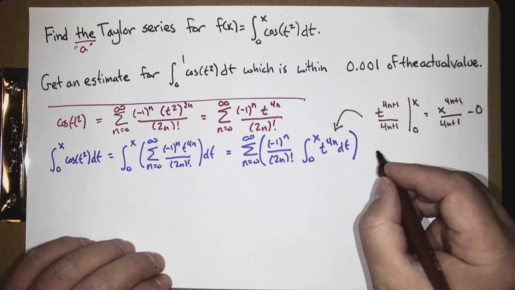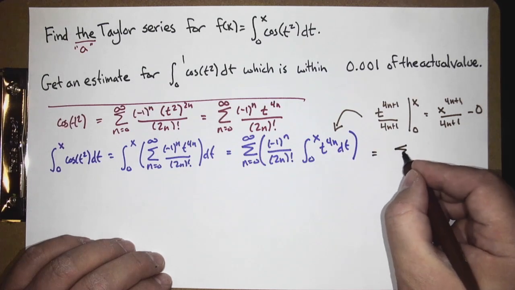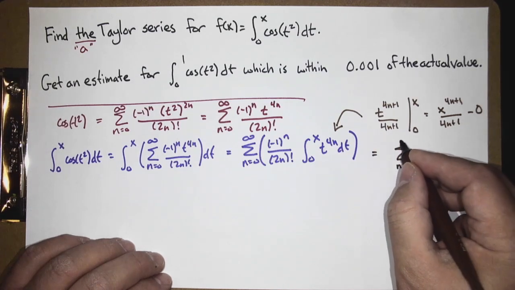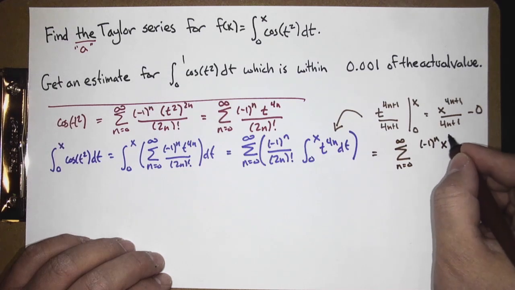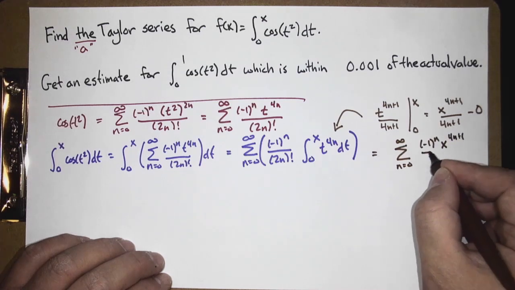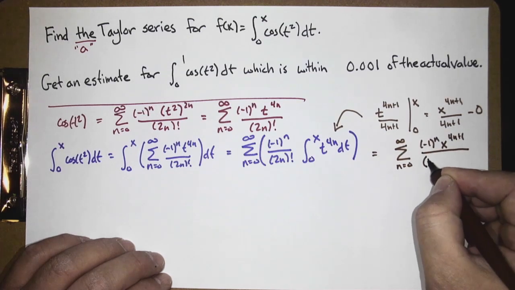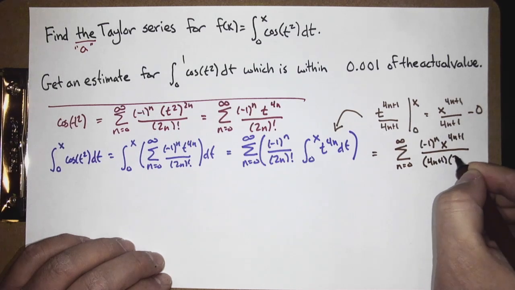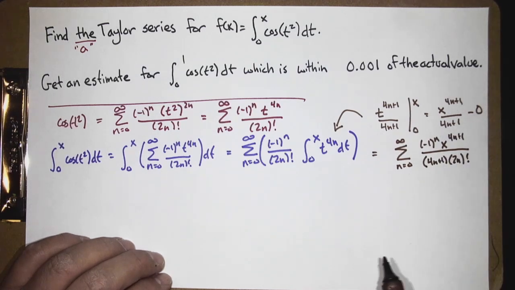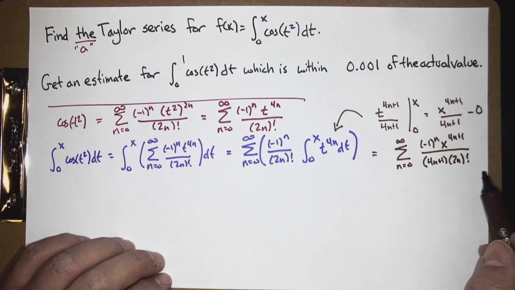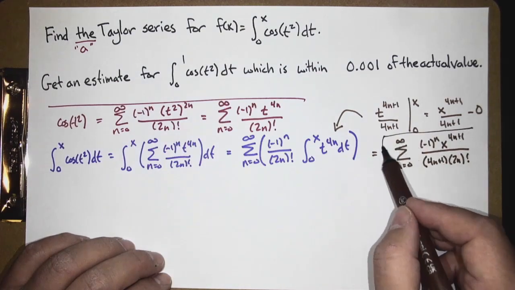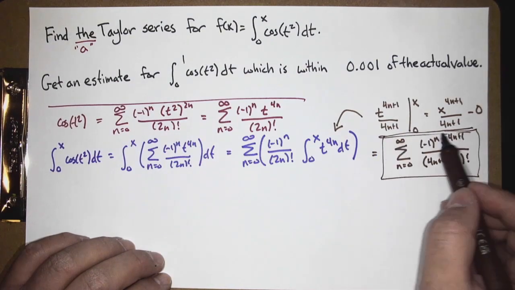So we put that in, and this becomes the sum, 0 to infinity, negative 1 to the n, x to the 4n plus 1, divided by 4n plus 1 times 2n factorial. So that is a series, so it's the series. And there's the answer to the first part of the question.